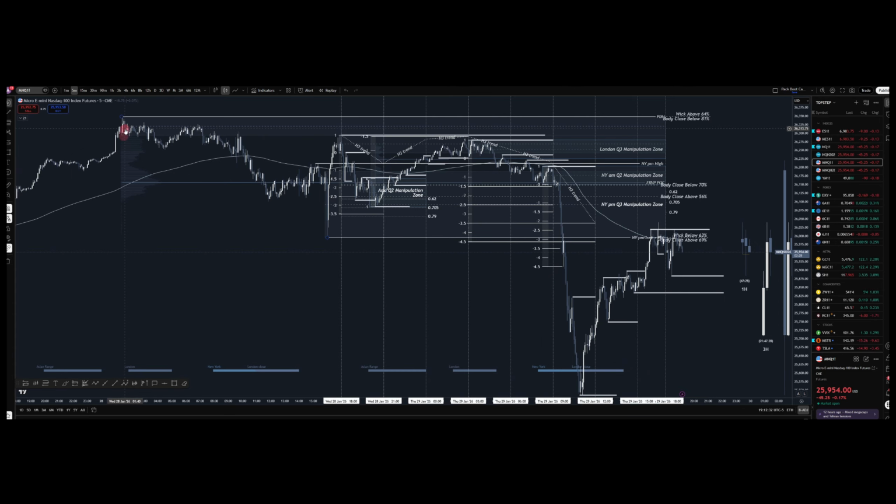We had this one up here. This was the 5-minute one on Wednesday as well, which gave us that low that we had.